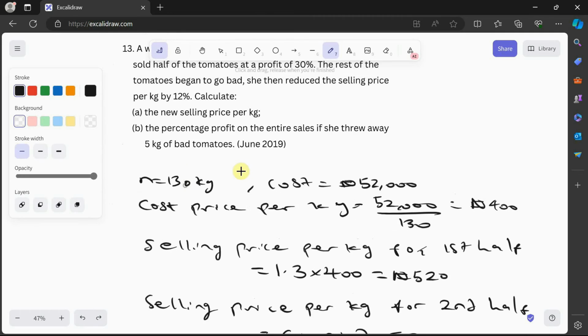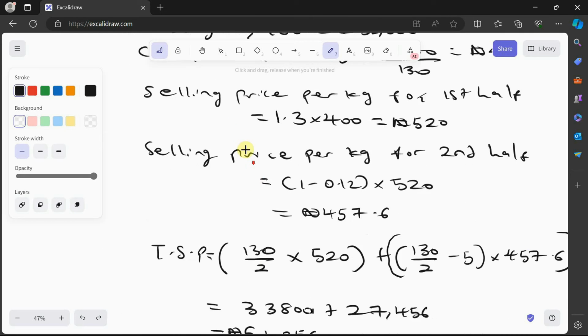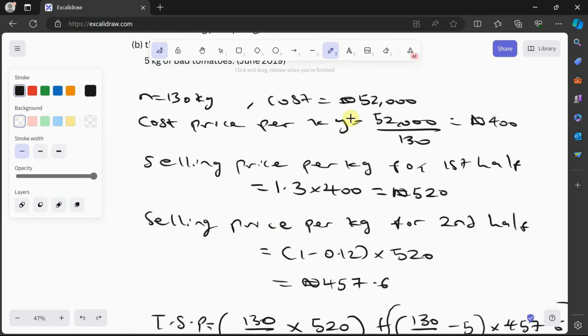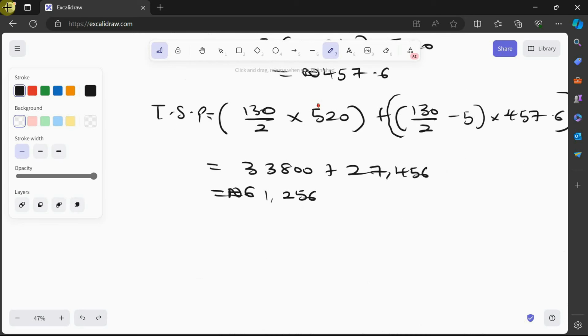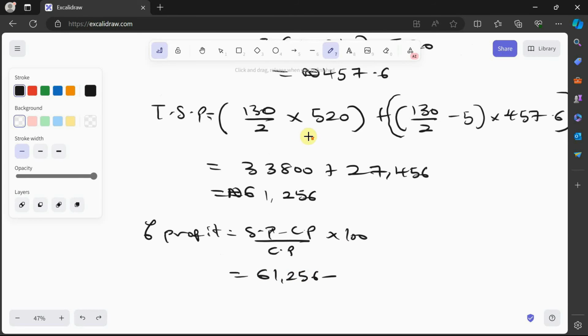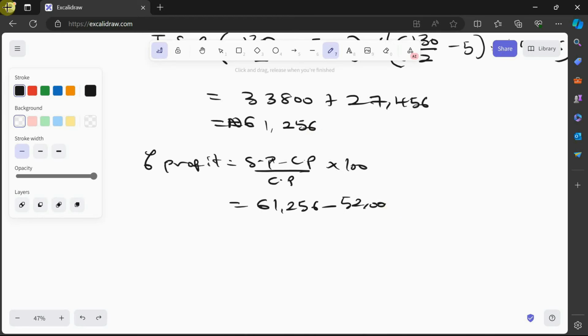Now, the next step, we should calculate the percentage profit. So percentage profit will be the total selling price divided by the total cost price, then minus 1. I've told you about this before, but let's solve it the normal way. So percentage profit will be the selling price minus the cost price, all over the cost price, times 100. So the selling price is 61,256 minus 52,000, divided by 52,000, times 100.